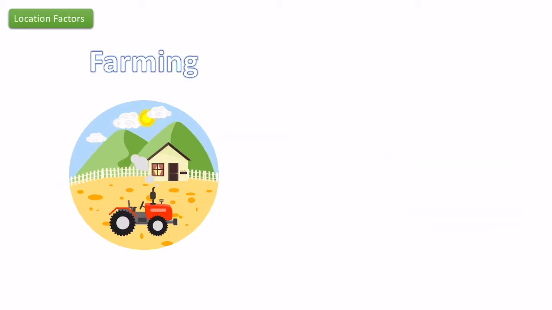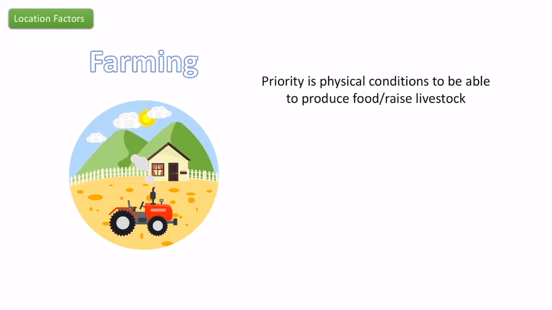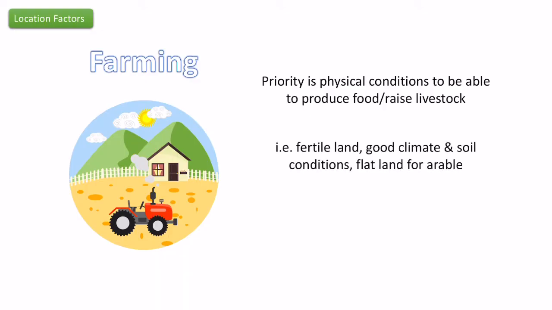I'm going to go through the different major industries to show you how the needs are slightly different, but also how they're quite similar. So if I'm looking at farming, the most important thing for farming to exist is the physical conditions need to be right. Whether that's producing food on arable farms or livestock farms, it could be fertile soil, a good climate, soil conditions, or if it's arable land, flat land.